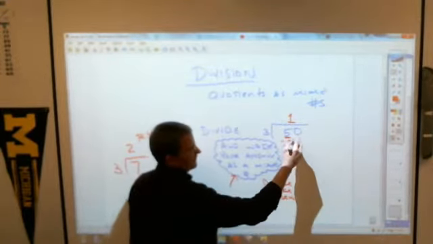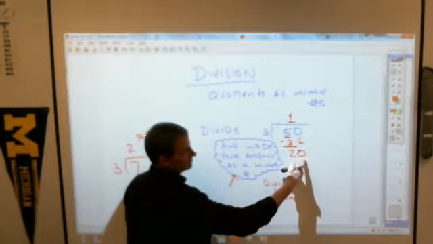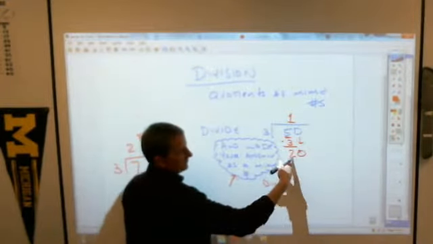So I bring this down, and 3 goes into 20 6 times, so I put it up there, I multiplied. Now here's where things go a little different. When I subtract 18 from 20, I get 2. But rather than writing a remainder of 2, Maggie, what am I going to do?